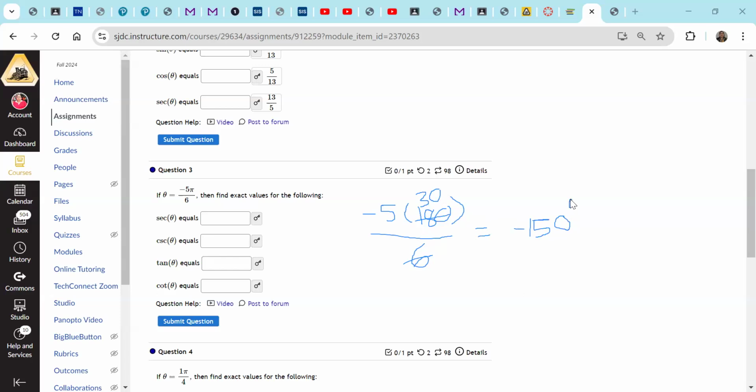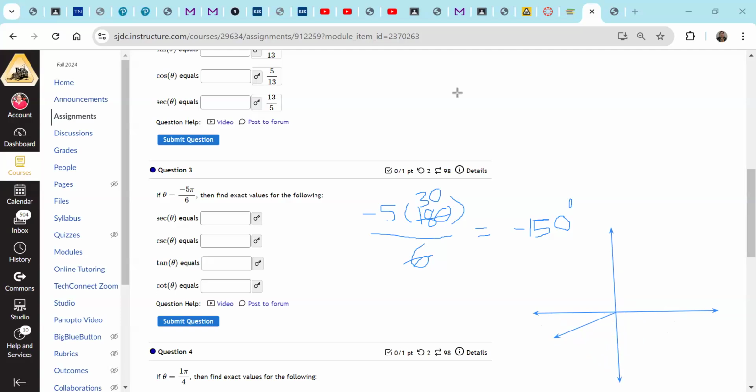I am going to draw this angle. So here is the x-axis and here is the y-axis. If we begin from here and we go down here, it's 90. We go here is 180 and 30 above that will be 150 negative. So here somewhere.